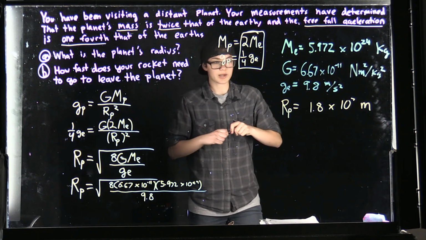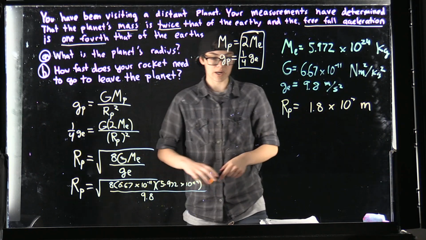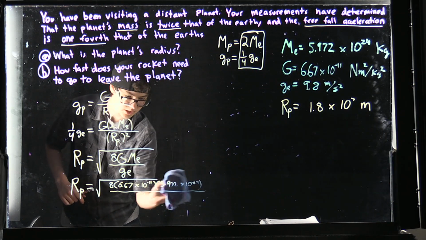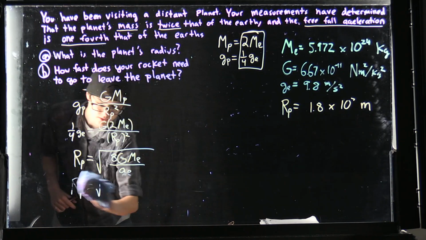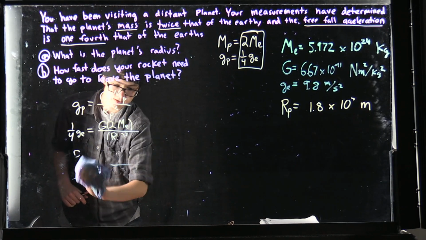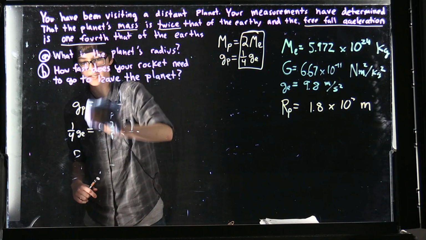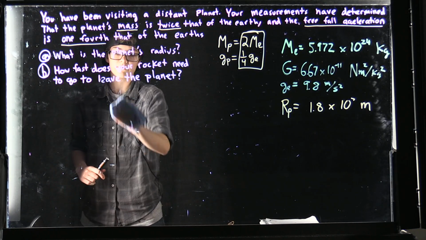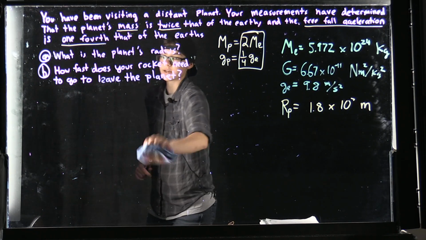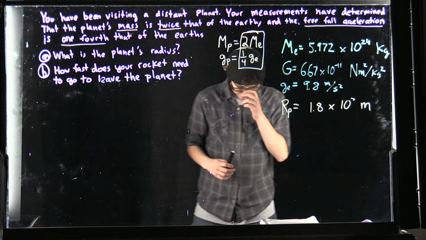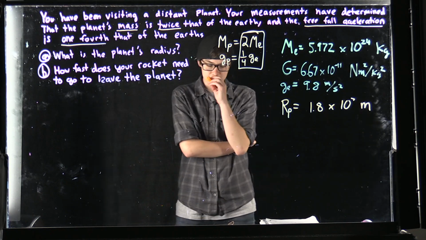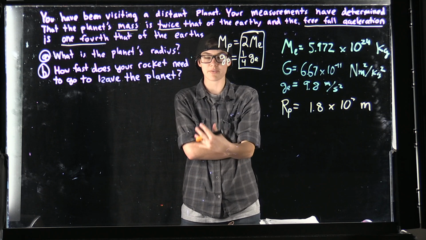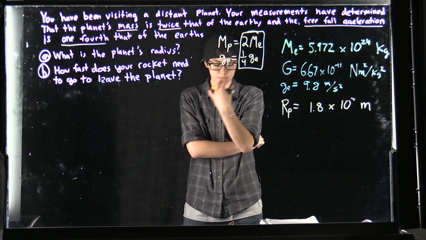Okay, now we're going to need this number for the second part, so I'm just going to erase this really quick, so that we can do the second part, which is finding out how fast we need to be going to leave the planet. Now this is kind of a tricky question, and we have to ask ourselves, how much energy do we need to overcome the gravitational potential energy of this new planet?